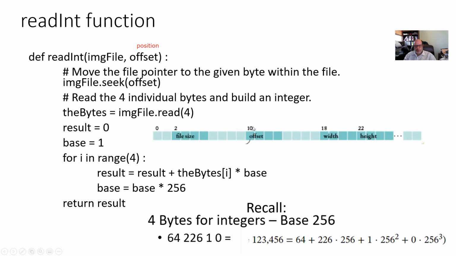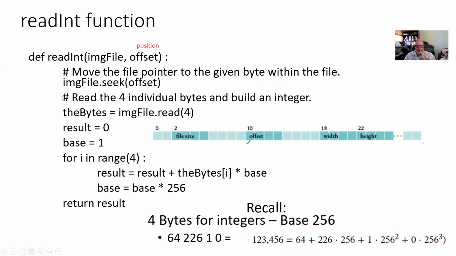So we have to know what the offset is: 0, 2, 10, 18, 22. We go to that position and read 4 bytes. If I'm in position 2, the 4 bytes are here. If I'm in position 10, the 4 bytes are over here. Then we process them the way we were doing it earlier. Remember that the 4 bytes are base 256, and we did it backward, so that's the way we're going to calculate.